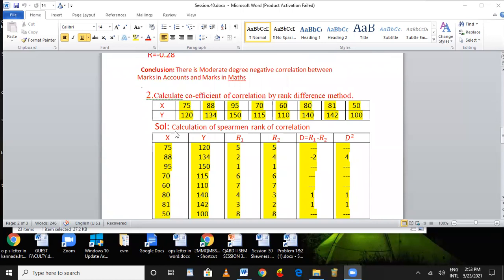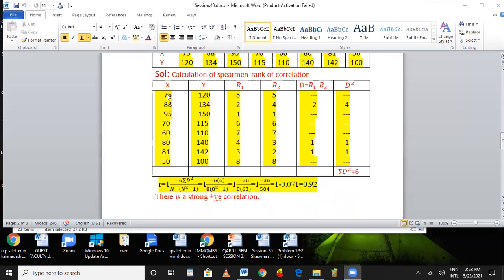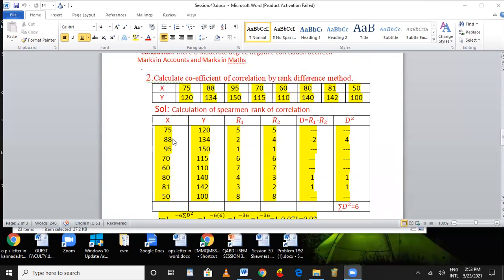For the heading, we have to write the calculation of Spearman's rank correlation. Here the X values are 75, 88, 95, 70, 60, 80, 81, 50, and Y is 120, 134, 150, 115, 110, 140, 142, 100.